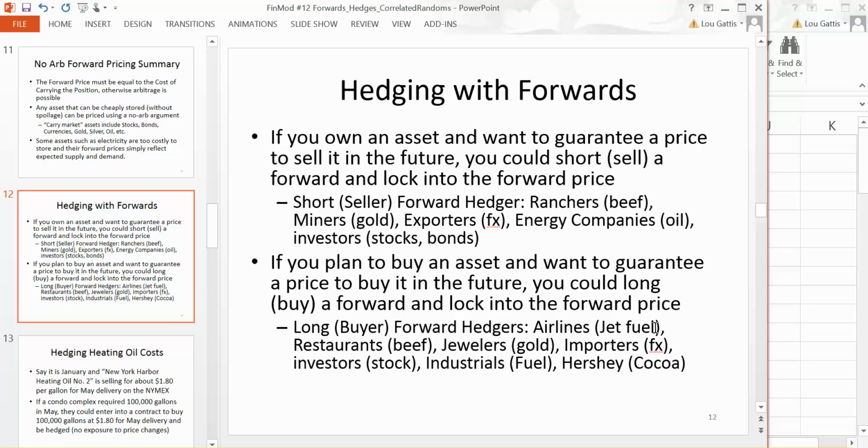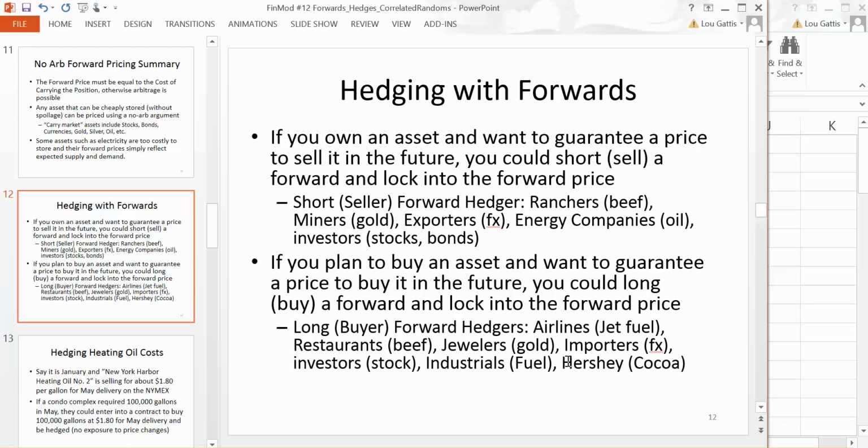It would use a long forward contract to buy the jet fuel. Or a restaurant, such as McDonald's, may enter into a long beef contract to buy beef in the future. What they actually could do is enter into a contract with the rancher. So the rancher and McDonald's could enter into a forward contract to exchange the beef for dollars at a later date.